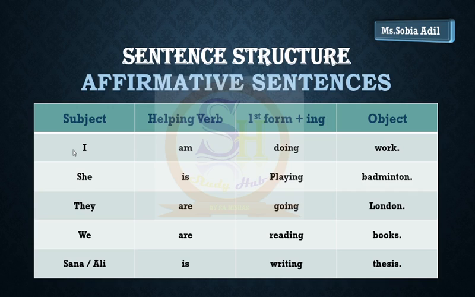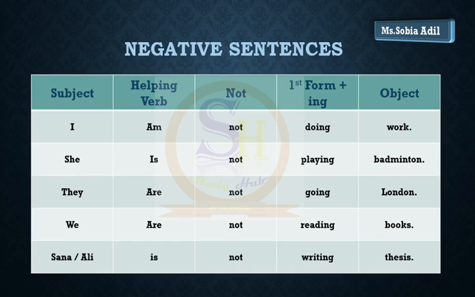For example, I am doing work, she is playing badminton, they are going London, we are reading books, Ali is writing thesis. So these are the examples of affirmative sentences and are telling you what is the structure of affirmative sentences in present continuous tense.